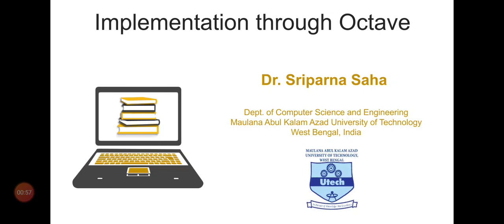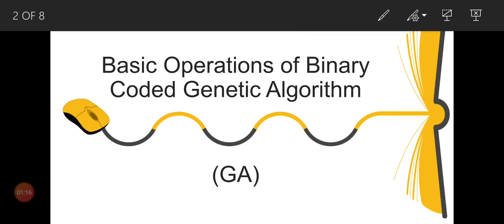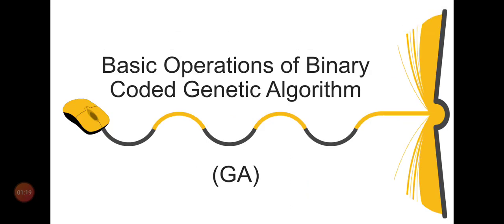The syntax for MATLAB and Octave is exactly the same, but in Octave you cannot run the toolboxes present in MATLAB. So the GA that we are going to write here does not use any toolbox. This implementation is about basic operations of binary coded genetic algorithm GA using Octave.